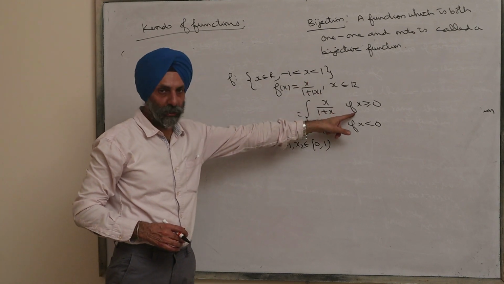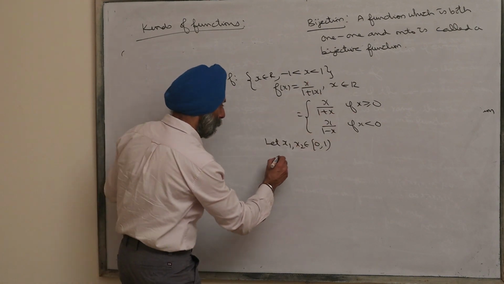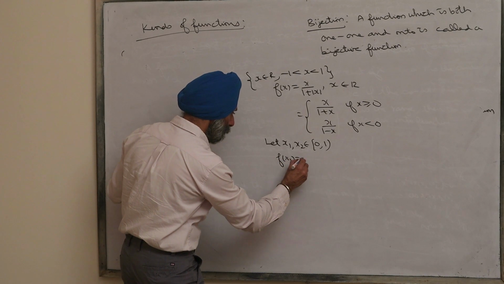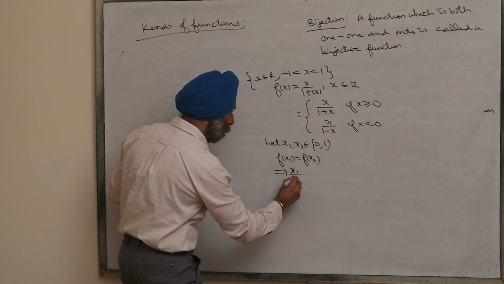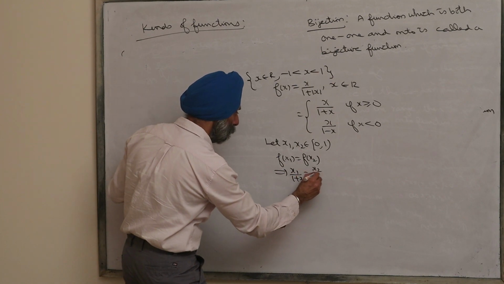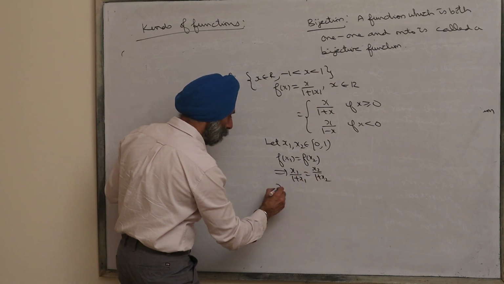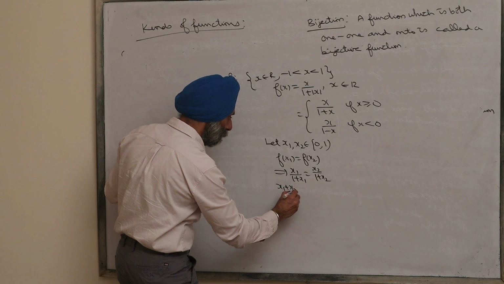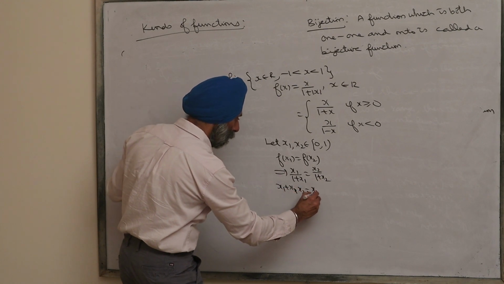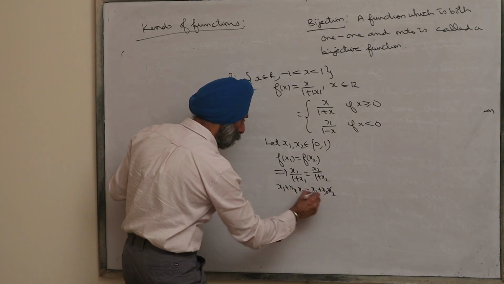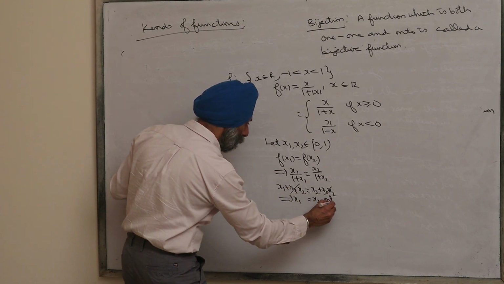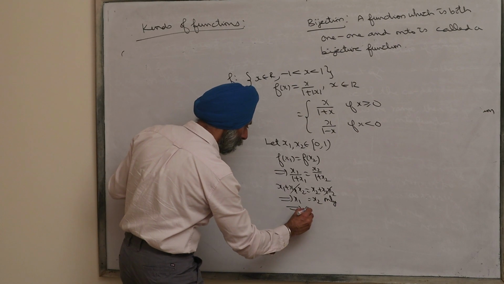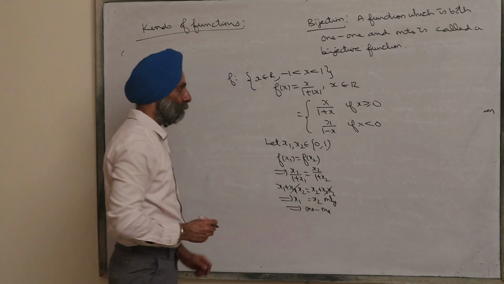I am considering the first case first. So f(x1) is equal to f(x2) implies x1 over 1 plus x1 is equal to x2 over 1 plus x2. If you cross multiply the terms, x1 plus x1 x2 is equal to x2 plus x1 x2. So this implies that x1 is equal to x2 only, implies that it is 1-1.